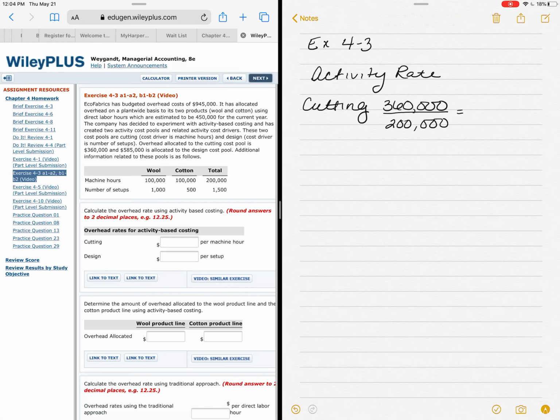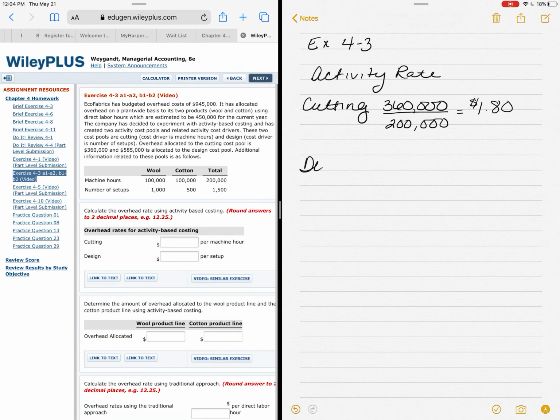Some of these are just tricky because you got to read through that paragraph and pull out that information you need. So you can see in that last sentence how it tells me that overhead is allocated to the cutting cost pool and the design cost pool separately. So that means my activity rate for that cutting is $1.80 per machine hour.